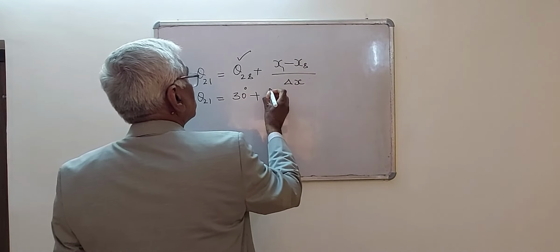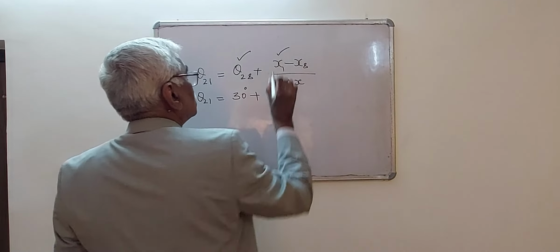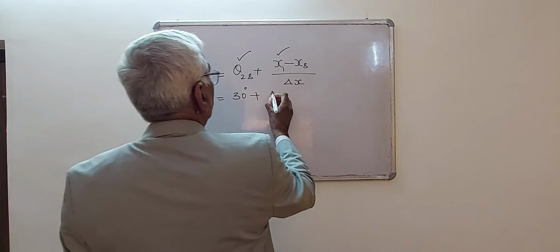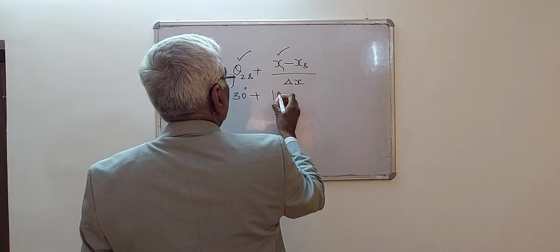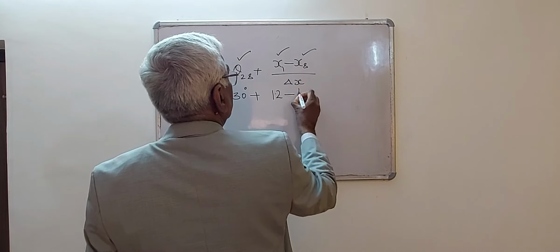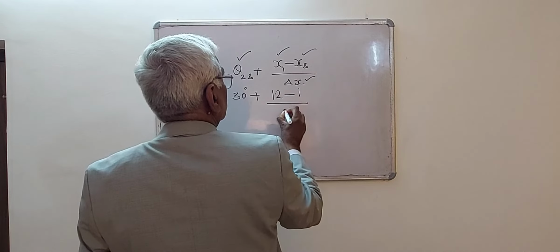X1 is equal to, what is x1? X1 is found to be 1.2, and xs is equal to 1. Delta x is equal to 3.